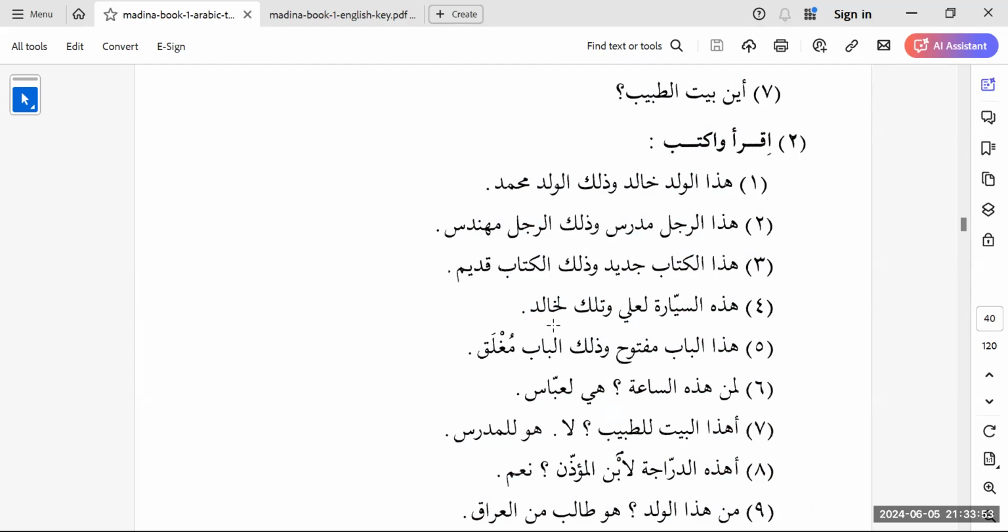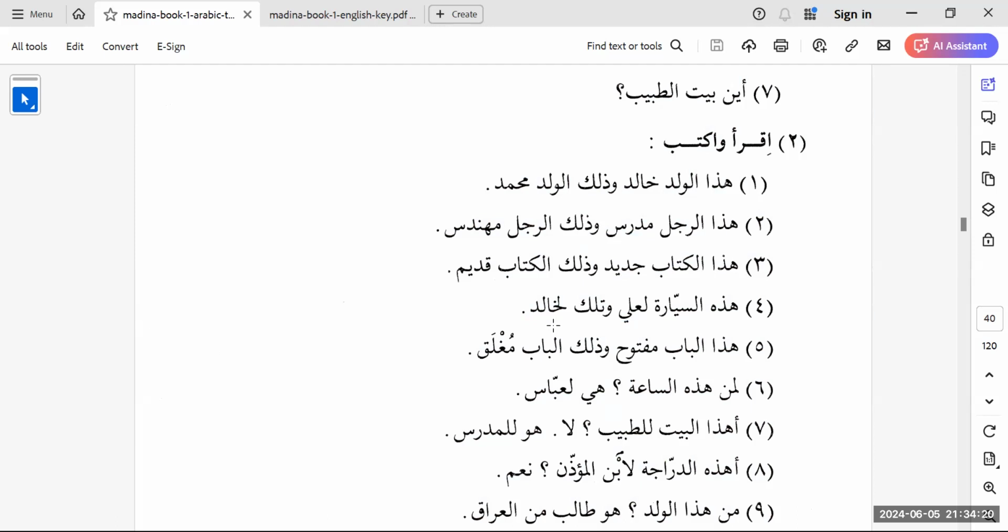It means for or belongs to, right? And we're saying that car over there belongs to Khalid. And that lam, we call it something in Arabic. It's one of the حرف جر, harf jar. Good. And what does a harf jar do?